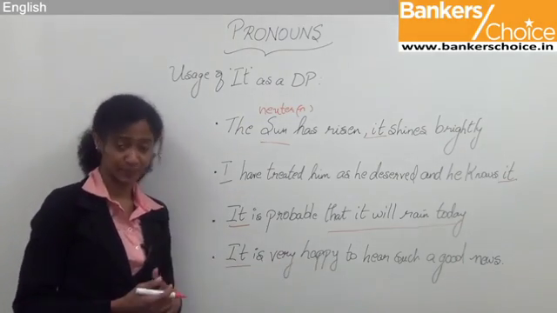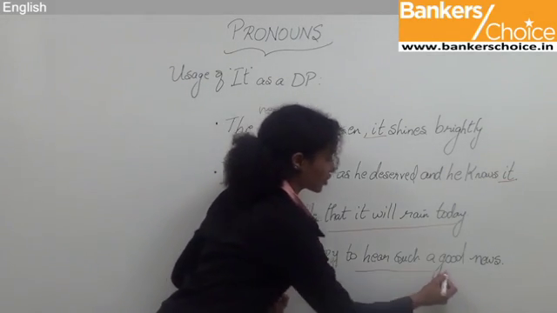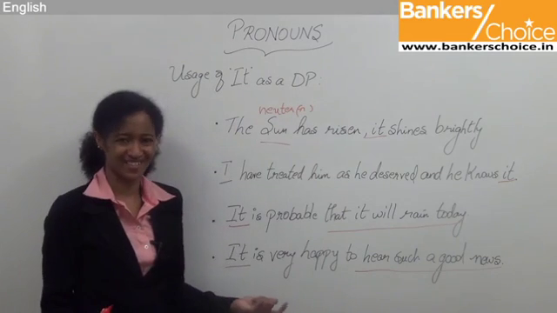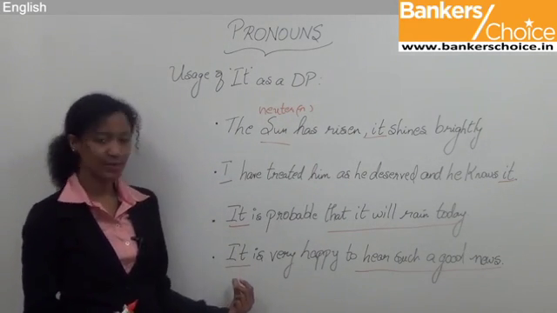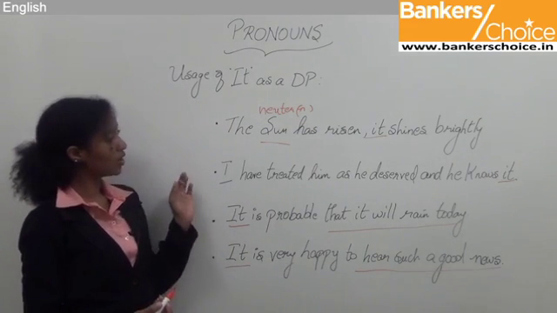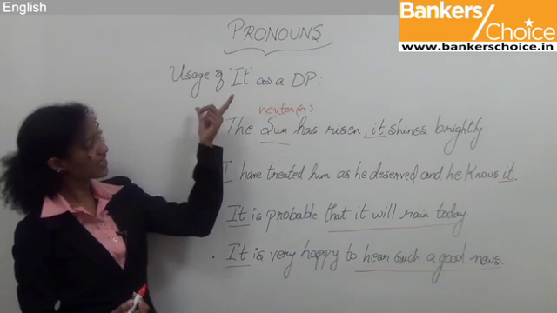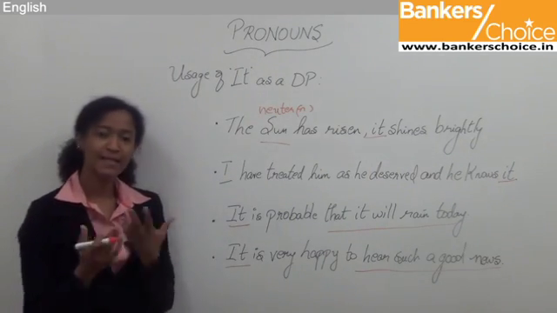What is the phrase here? To hear such a good news is the phrase, right? So here in this sentence, it, the demonstrative pronoun, is pointing to a phrase coming after. So see, these are the four instances in which it acts as a demonstrative pronoun. Alright, let's move to the next pronoun.